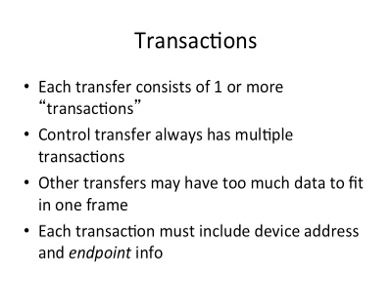And a control transfer always has multiple transactions. So in order to enumerate a device, there will be a lot of control messages, control transfers happening ahead of time, ahead of the data transfers. Other transfers may have too much data to fit in one frame. In that case, it will go into different frames.